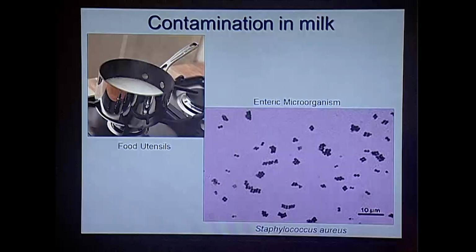Water might contain some enteric organisms, like Staphylococcus aureus. If it is present in contaminated water, the water will be taken in by the cow, and again the bacteria will enter the milk. So bacteria can enter the milk through the water route as well.